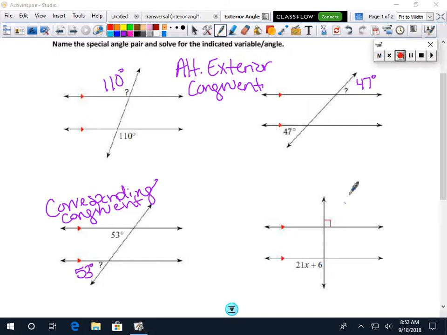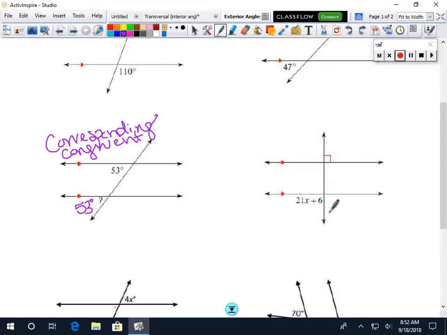Looking at this next example right here, I see that my angles are alternate exterior, and I know that alternate exterior angles are congruent. So in order to solve for x, the way that I would set it up is 21x plus 6, and I'm going to set that equal to 90.